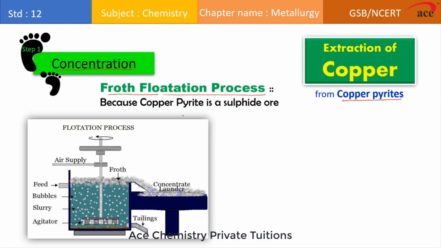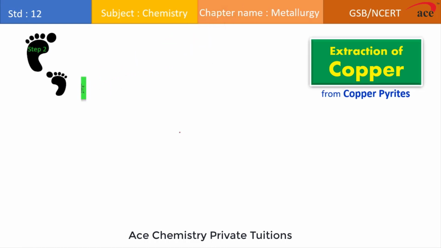As copper pyrite is a sulfide ore and it is non-wettable towards water, we add oil and water and we do the froth flotation process. Now the detail of the froth flotation process we have done in lecture 1. So here we will just say this concentration method applied is the froth flotation process.